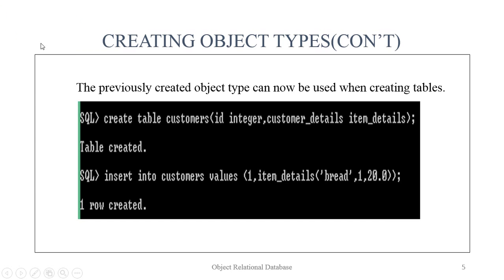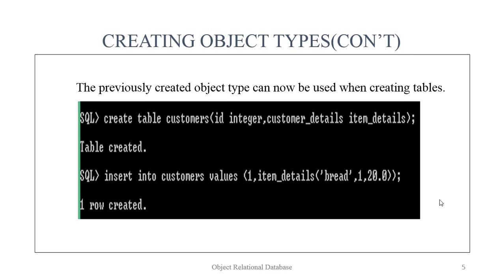Here, the customer details attribute of relation customers is of object type item details. Hence, customer details has three attributes within. This illustrates reuse of code that has already been written.